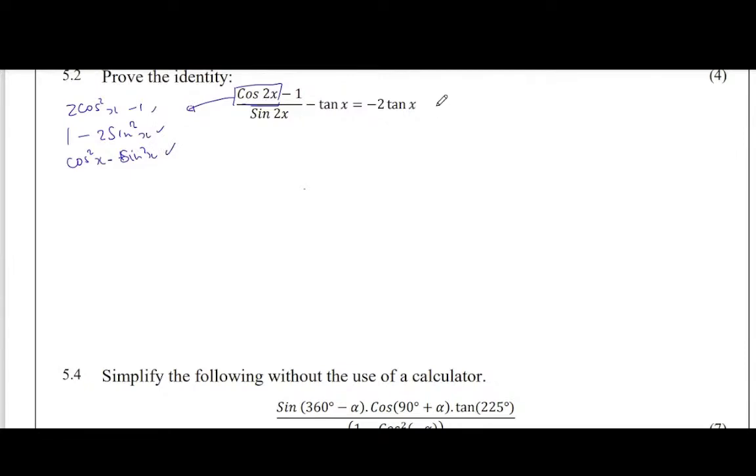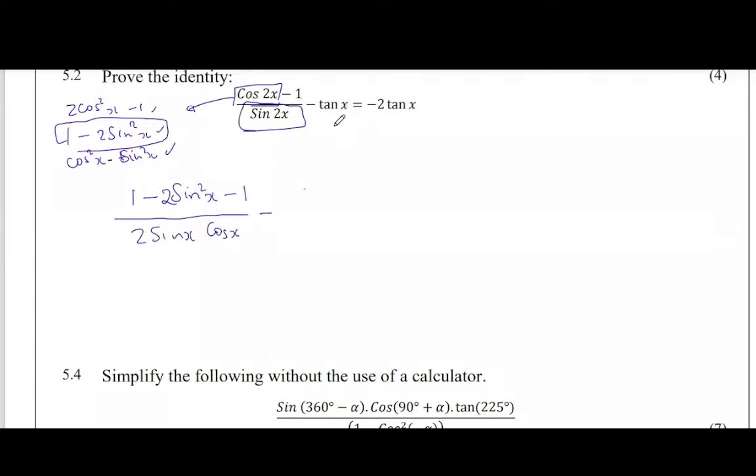Okay, so for as long as it's like that, I'm just going to change this. I think I can go with this second one and say 1 minus 2 sine squared x minus 1. I'm going to divide this. I know that this identity of sine 2x is the same as 2 sine x cos x.